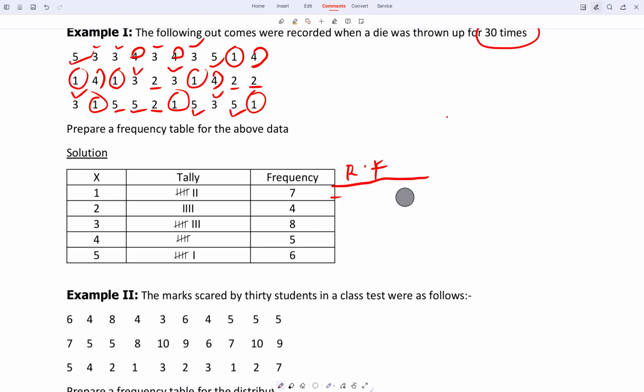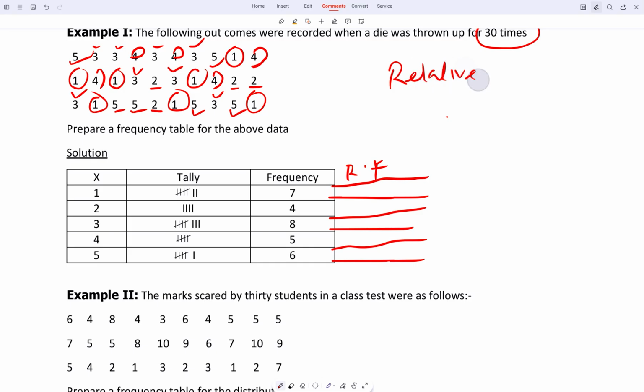Now when we talk about relative frequency, the formula for relative frequency is actual frequency over, so the formula for relative frequency. Now you may be asking your question, is relative frequency always part of a frequency table?